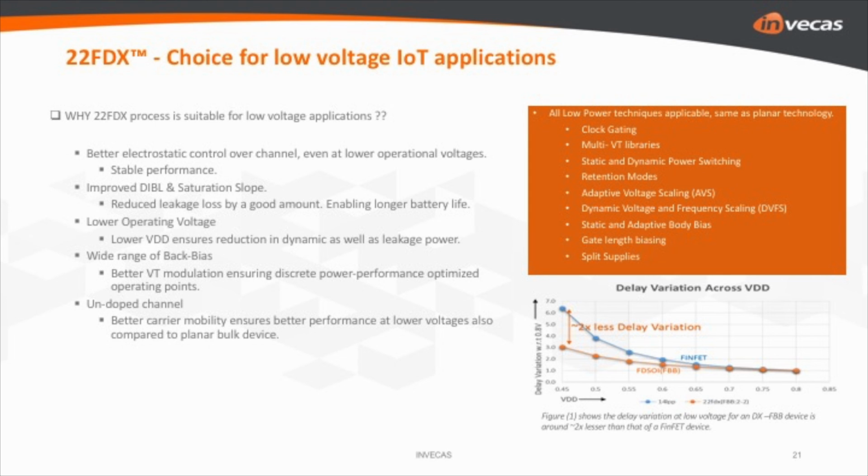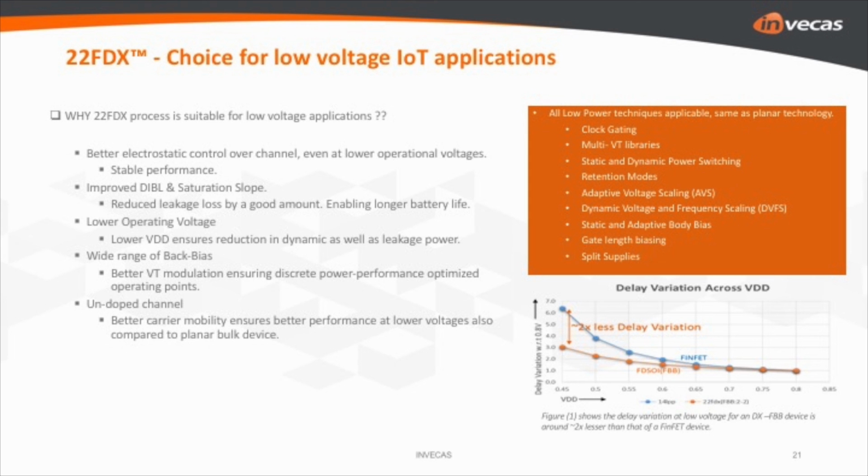They have better electrostatic control over the channel, even at lower operational voltages, very stable performance, improved DIBL and saturation slopes, and reduced leakage by a good amount, enabling longer battery life. Lower operating voltage means reduction in dynamic as well as leakage power.